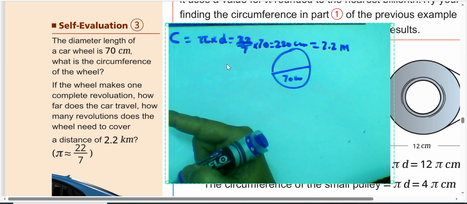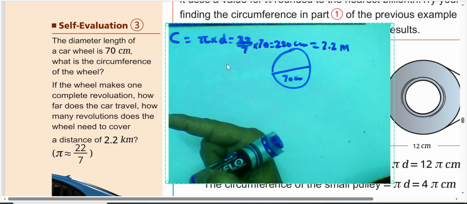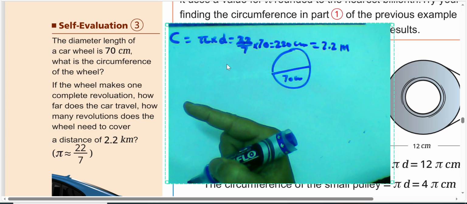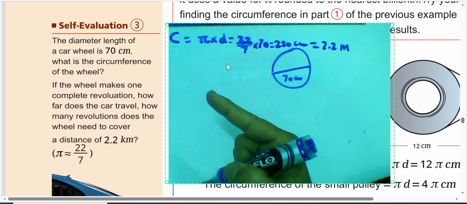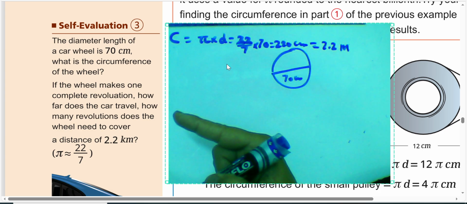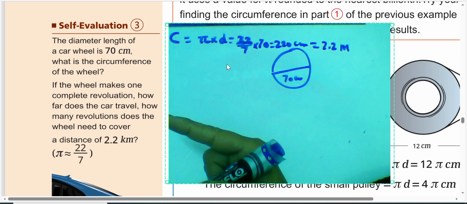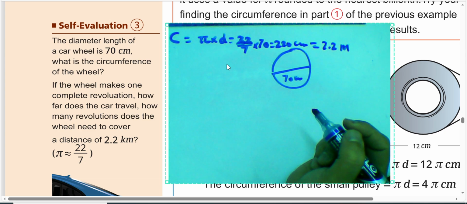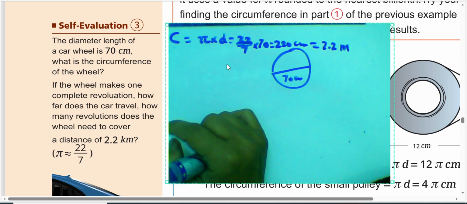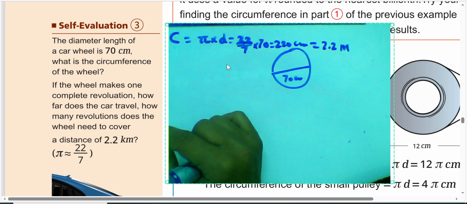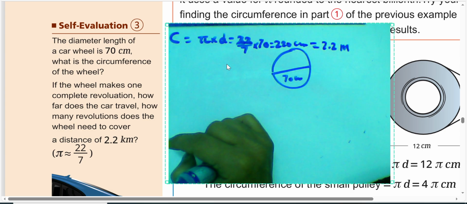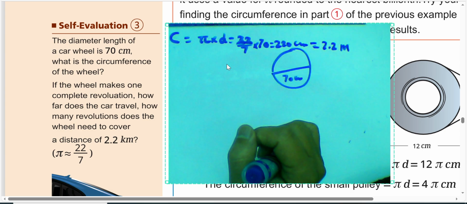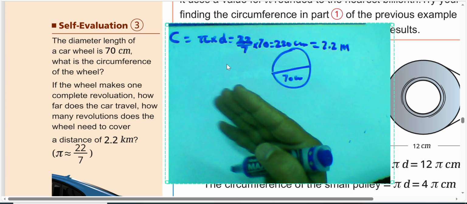If the wheel makes one complete revolution, how far does the car travel? The car travels 2.2 meters. And how many revolutions does the wheel need to cover the distance of 2.2 kilometers? He asks about how many revolutions.